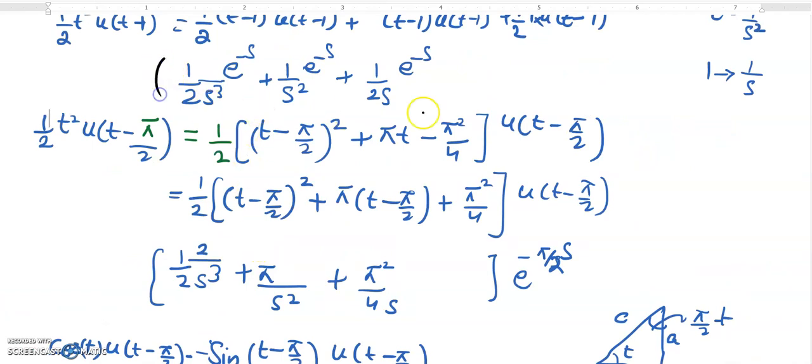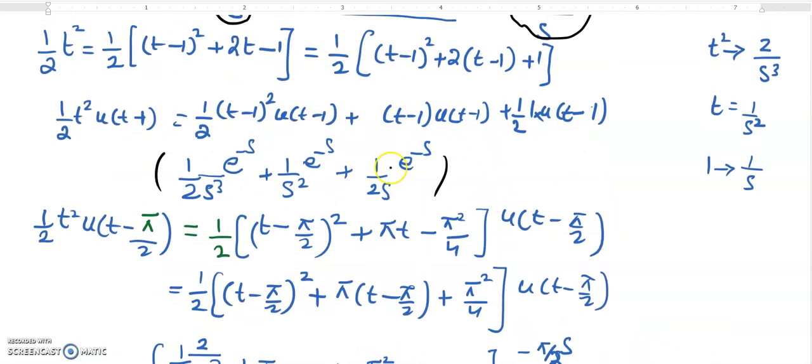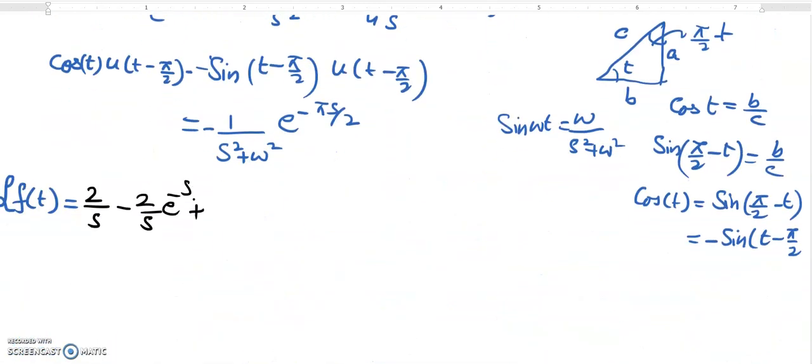So plus 1 over s cube. Even here I think I should have put s cube, so 2 will cancel with 2. So the term will be 1 over s cube plus 1 over s square plus 1 over 2s into e power minus s.